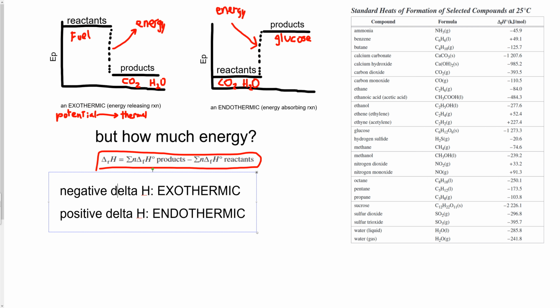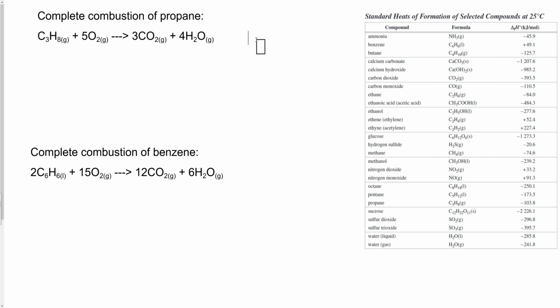So let's take a look at the complete combustion of propane. We've already balanced the reaction. It's great. What I need to do is get all of the energy combined in from the products, and then subtract all of the energy in the reactants.